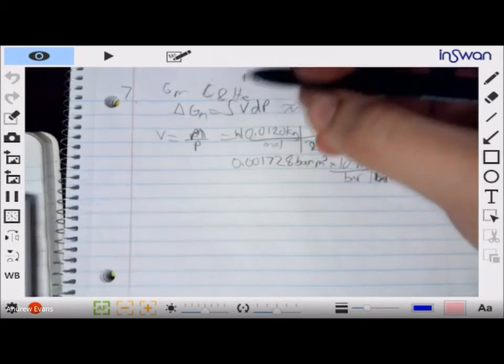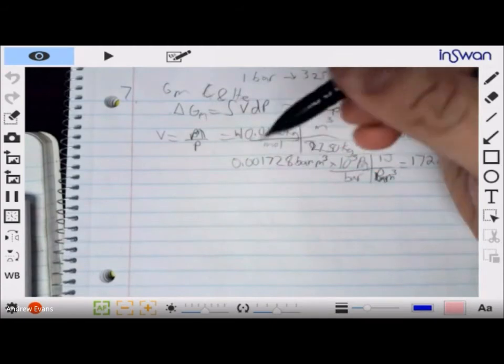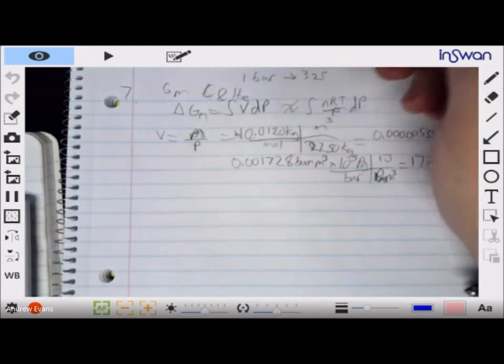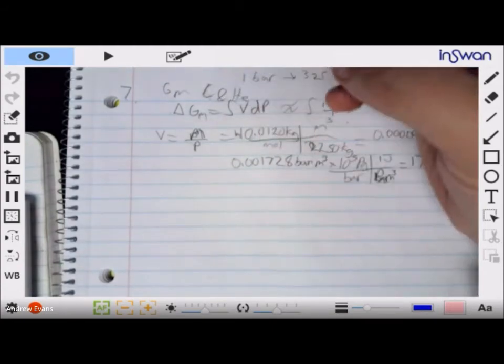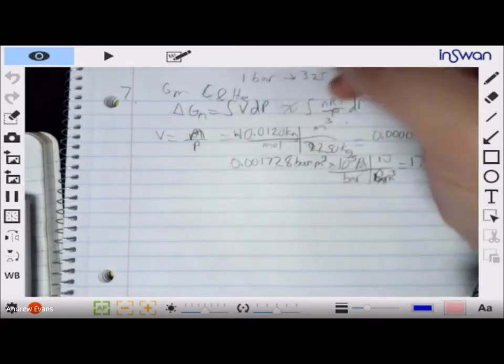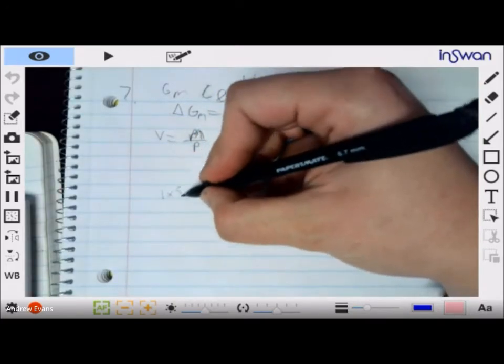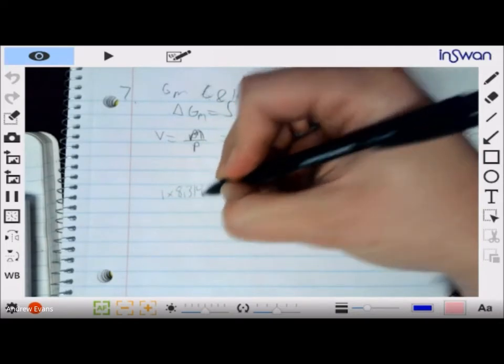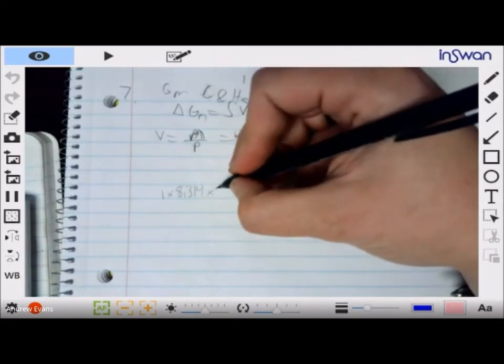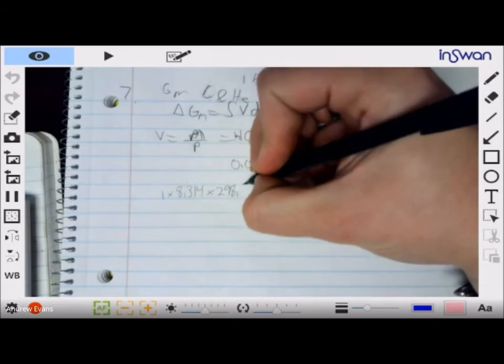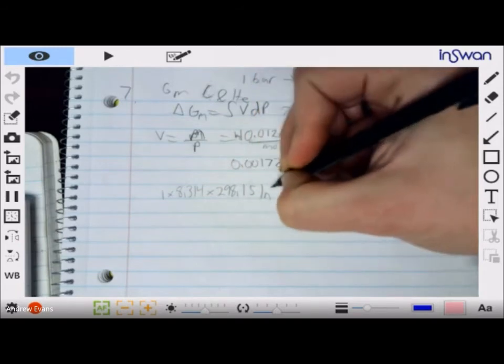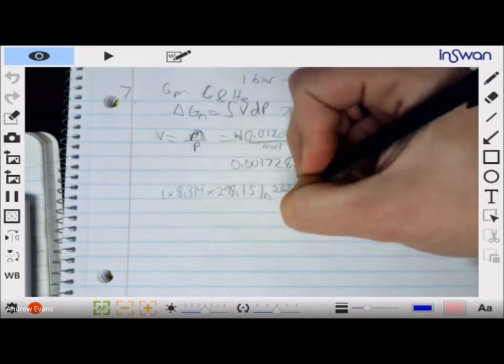Now, helium is much easier to consider because we can treat it like an ideal gas. So when you integrate this, you get something like 1 mole times 8.314 joules per mole Kelvin times 298.15 times ln of 325 bar over 1 bar.